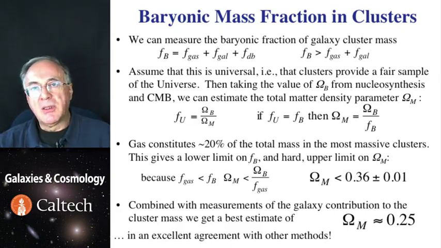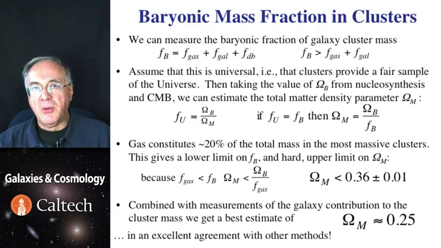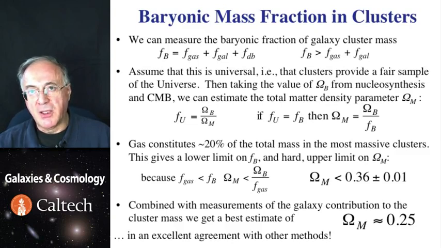If we assume that the mix in clusters, which are the largest bound structures we see, is the same as in the universe at large, then it gives us an opportunity of estimating omega baryons or omega dark matter. We do have to assume omega baryons from nucleosynthesis, which is a fairly reliable measurement from the microwave background and from cosmic nucleosynthesis. The physics of that is well understood. That's a fairly well-established number.